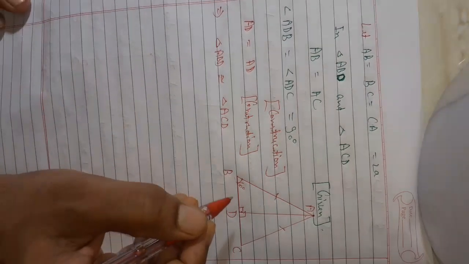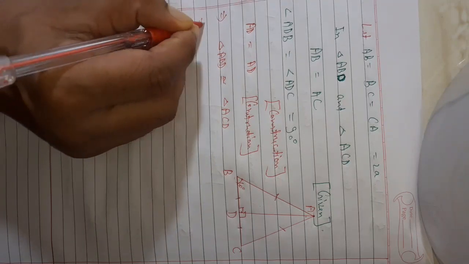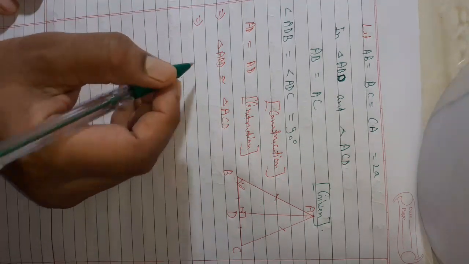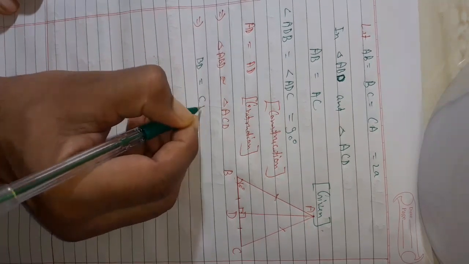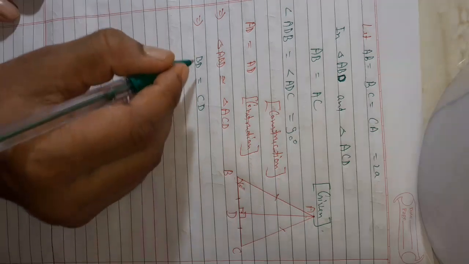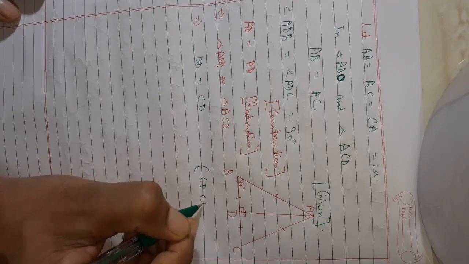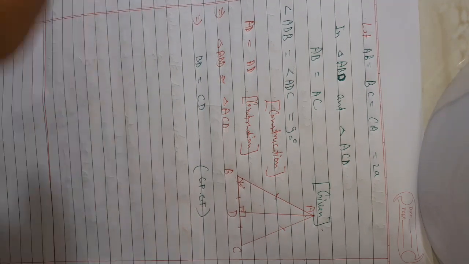Okay, so therefore BD is equal to DC, that is BD is equal to CD by CPCT.